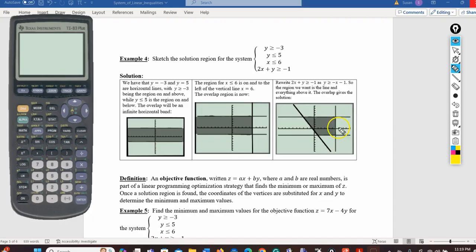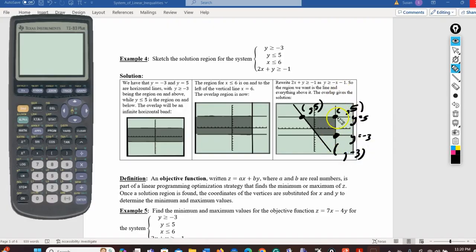Now, some of these will be easy to identify, the corner points. This is the line y equals 5. That's the line y equals 5. So with these points, their y coordinates are 5. This line here is y equals -3, and so the y coordinate of that point is -3.